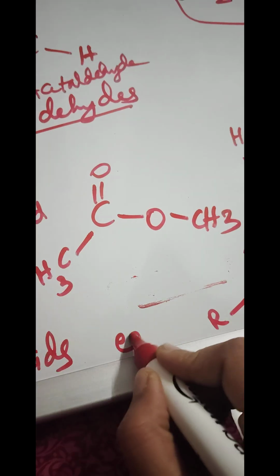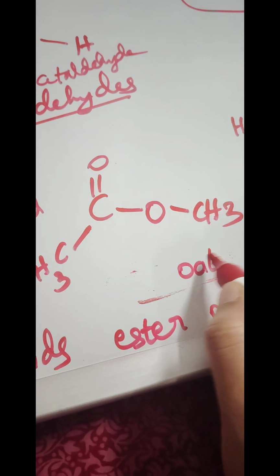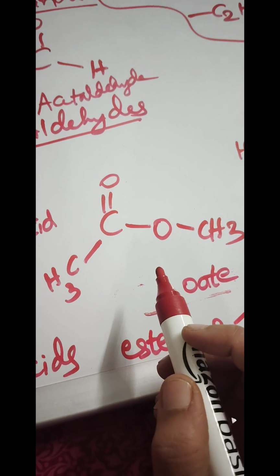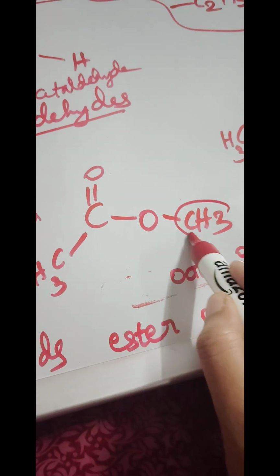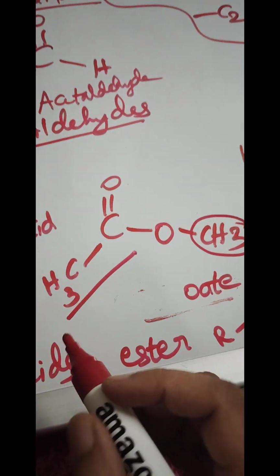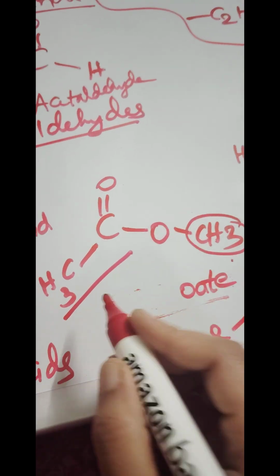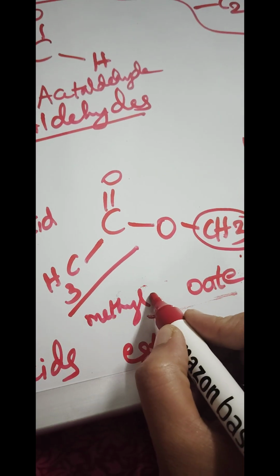I am writing its name. As it is an ester, the name ends with the sound OATE. And here the name comes like this. One side you have a methyl group, right? So methyl, and this is a continuation, so we write methyl separately. And this 2 carbon chain is formed, so we call it methyl ethanoate.